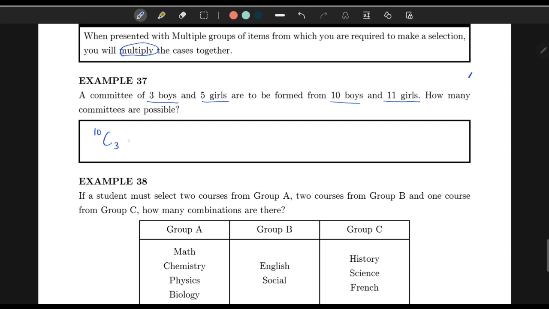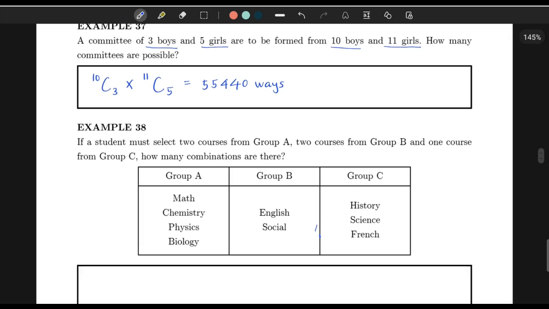So, we multiply by 11C5. From 11 girls, we choose only 5 girls. So, the number of ways is 55,442 ways to choose.